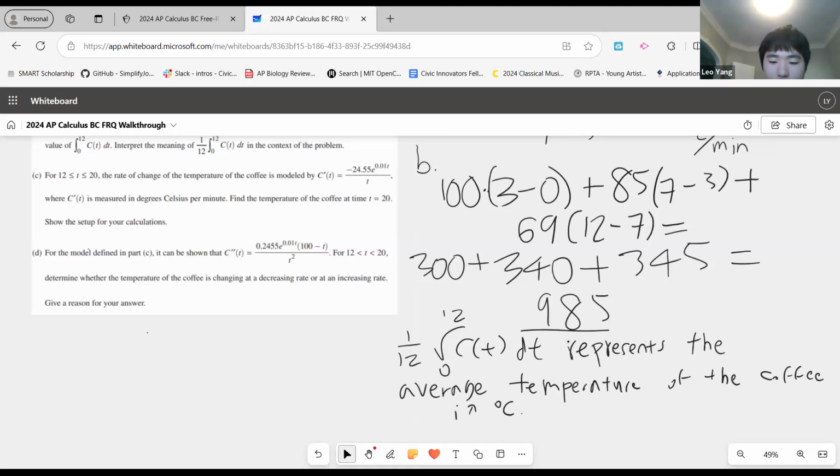Okay, that's cool. Let's write the answer more neatly. In degrees Celsius. All right, that's good.